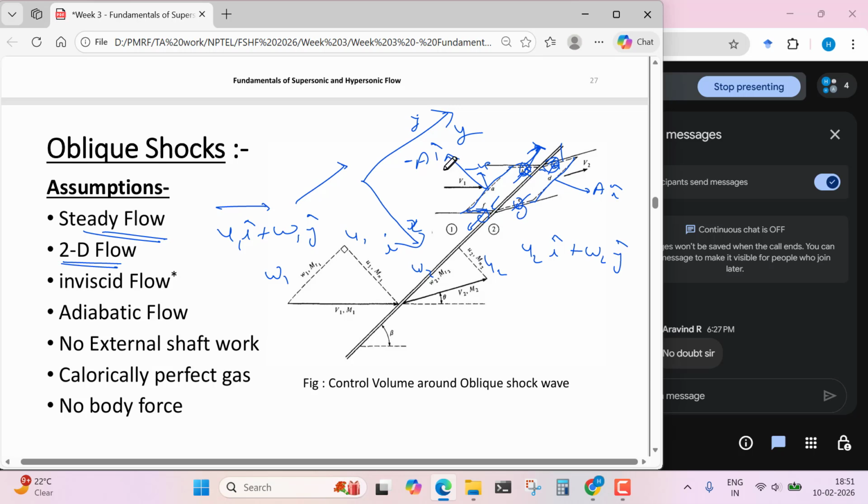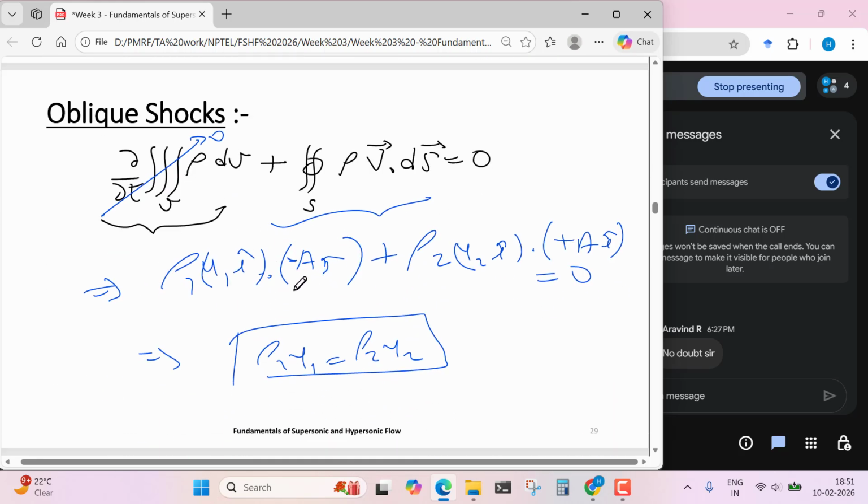If you take the dot product of this velocity and this surface, you will get minus u1 A, and there is also the term w1 j cap plus w2 j cap, whose dot product will be 0. So minus ρ1 u1 A plus ρ2 u2 A equals 0. A is common here, so we get ρ1 u1 equals ρ2 u2.